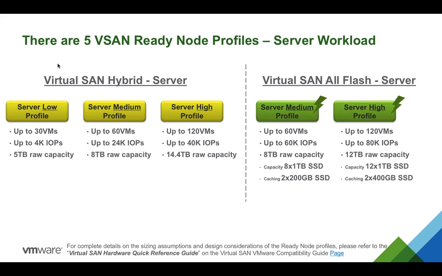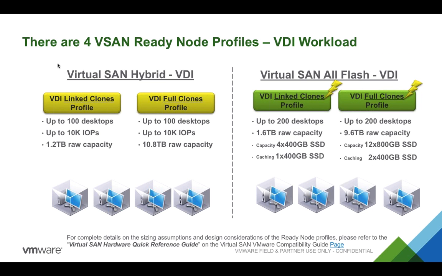We are providing a couple of examples that can be considered whenever you're sizing your solution. You can see some of those values here for either one of the approaches that you may take, whether hybrid or all-flash architecture. For VDI, we also do the same. Here are some examples as well, whether you're going to take the approach of doing VDI on a hybrid architecture or VDI on all-flash.